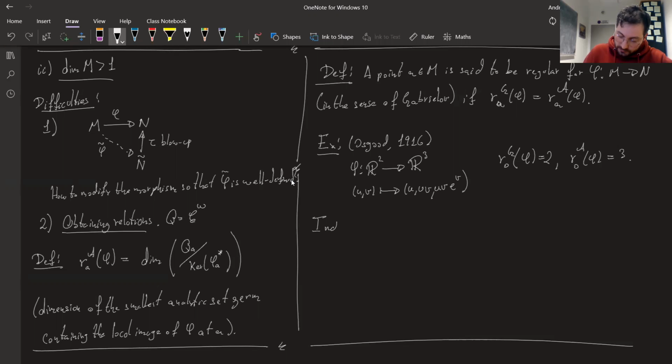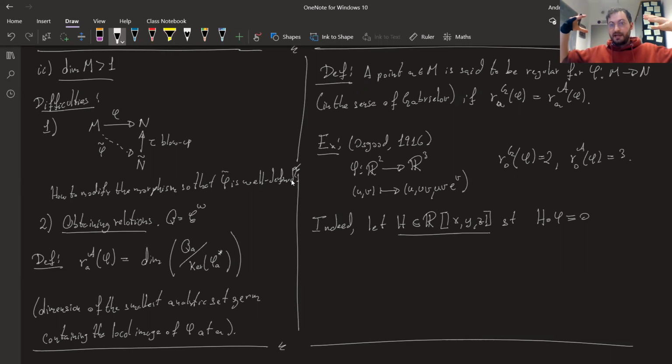Indeed, it's enough to show this formally. Let us take H, some formal power series in R3, taking x1, x2, x3, or x, y, z. Let's take an H such that when we compose with phi, we obtain 0.